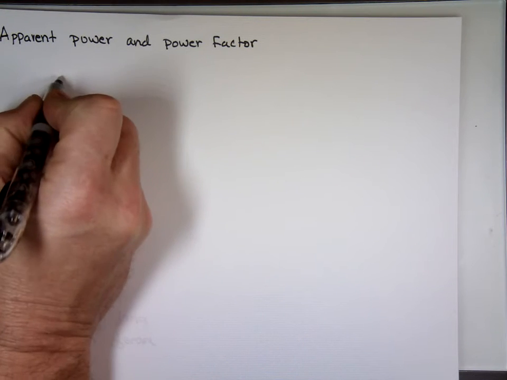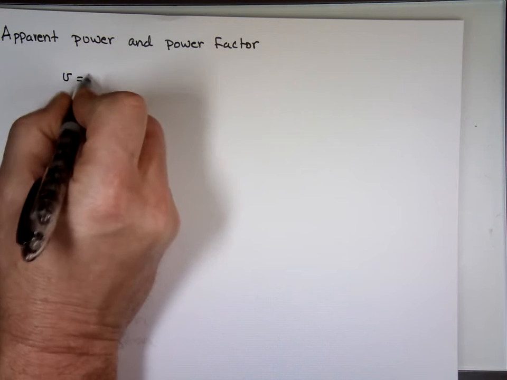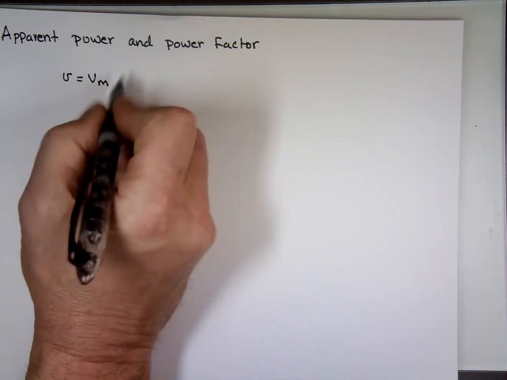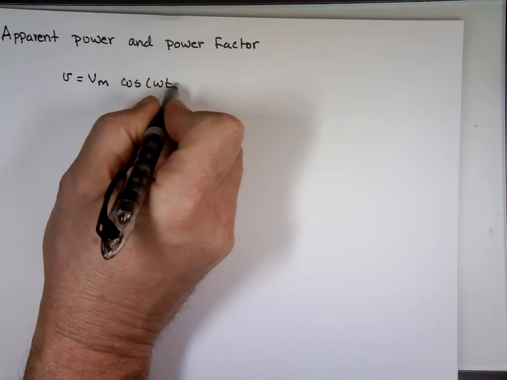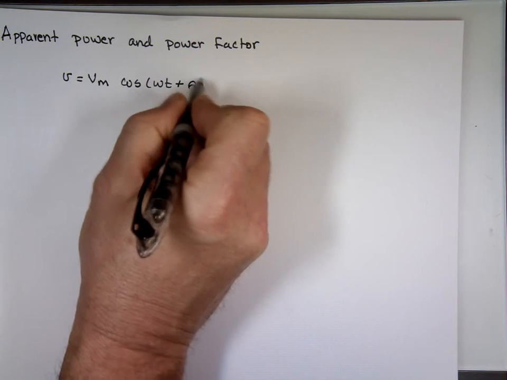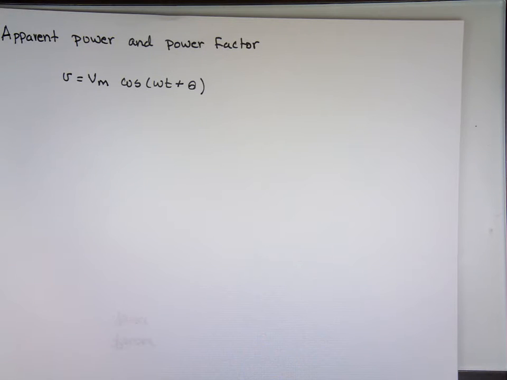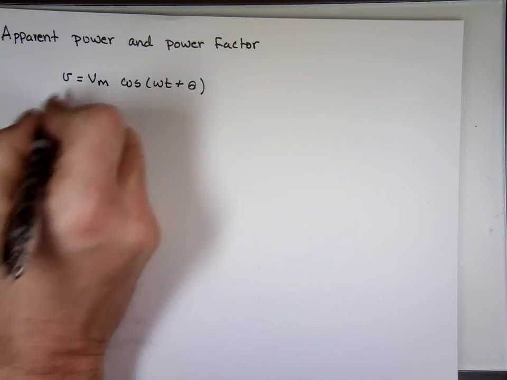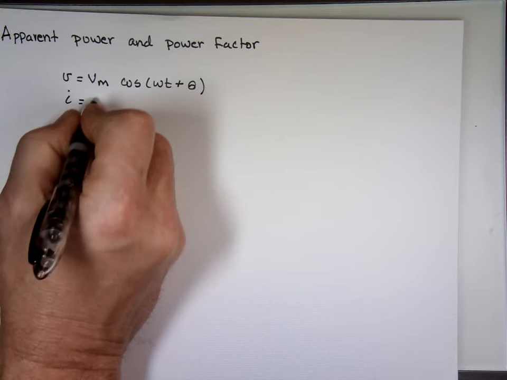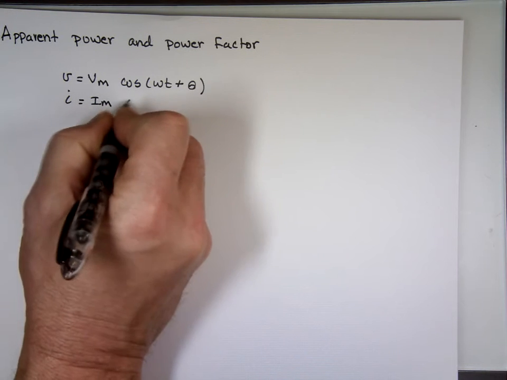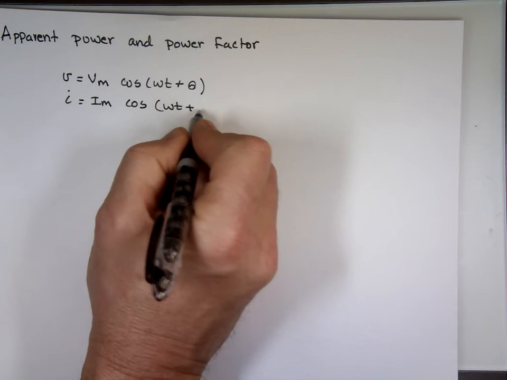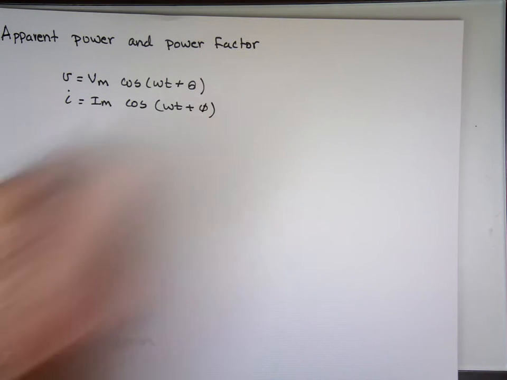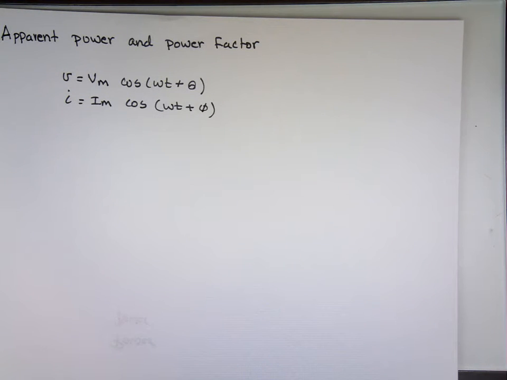If you have a voltage source, V equals V max cosine(wt plus theta), and you have a load across that, so you'll have a current going through that, which is I max cosine(wt plus phi). That wt will be the same. You saw that from the previous examples.